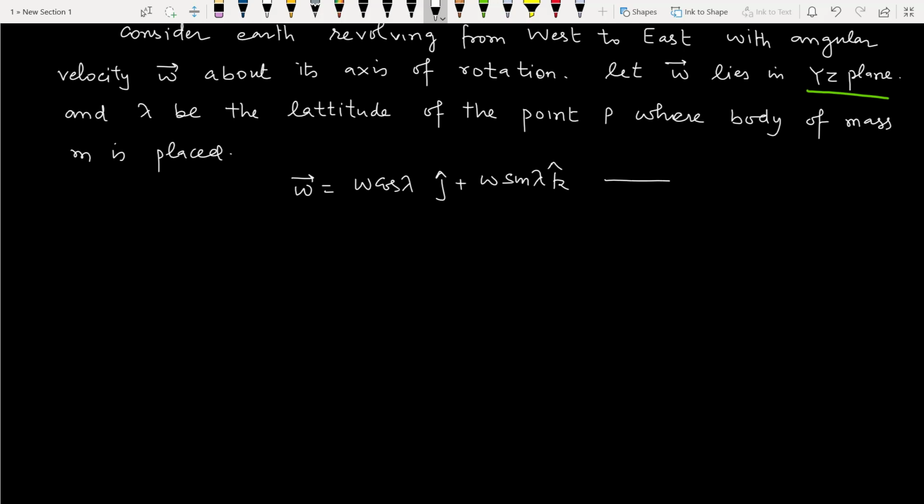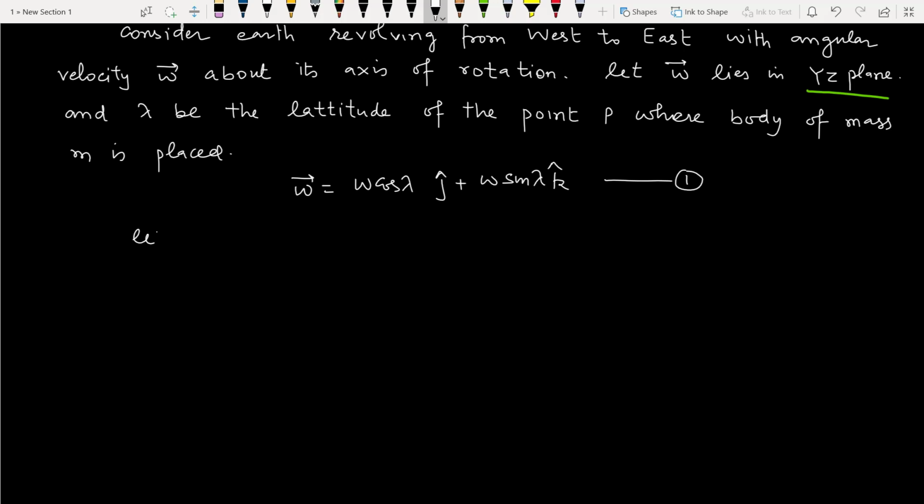We mark this as equation number 1. So we assumed Earth to be moving with angular velocity omega, which is lying in the yz plane, and due to the latitude lambda we have two components, omega cos lambda and omega sin lambda. The first component is along the y-axis, the second is along the z-axis.